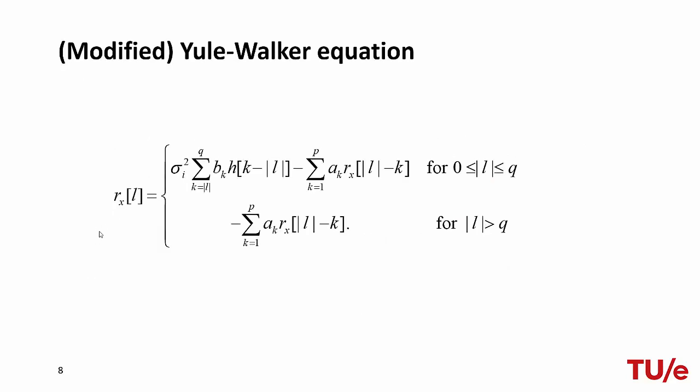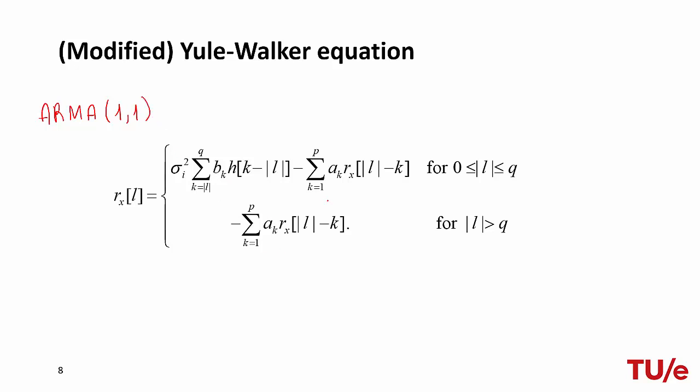Now, before we proceed with the calculation, we can first stop and think a bit about which kind of structure we expect for the autocorrelation function of x. Remember that we said that this is an ARMA process, so the signal is generated by an ARMA process, and we saw that the signal has 1 pole and 1 zero, so it can be seen as an ARMA process of order 1 and 1.